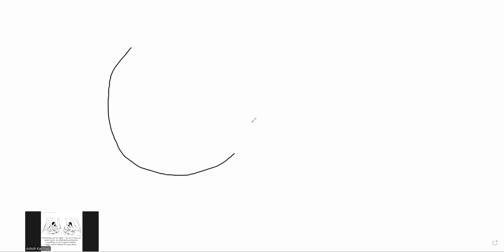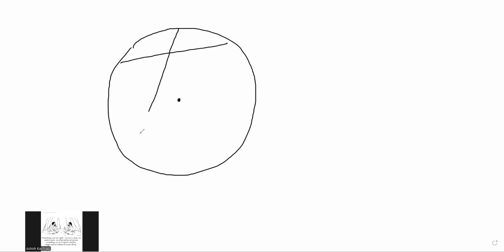Maybe make a slightly more different figure. Mark the center clearly and let the chords intersect somewhere here. A, B, C, D. This is one arc and this is one arc. Measure of these arcs are alpha and beta. We have to find this angle. Try to do it.